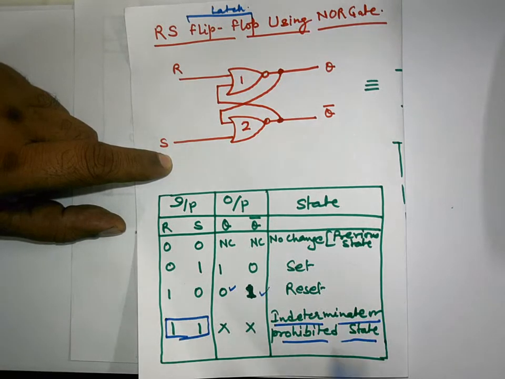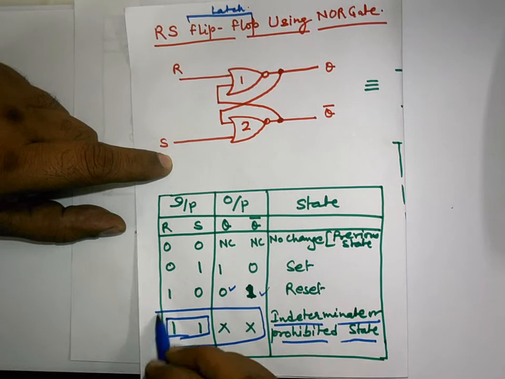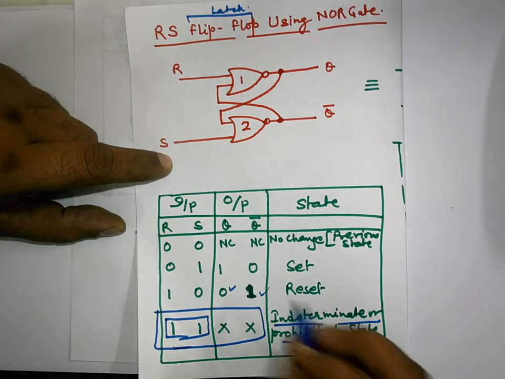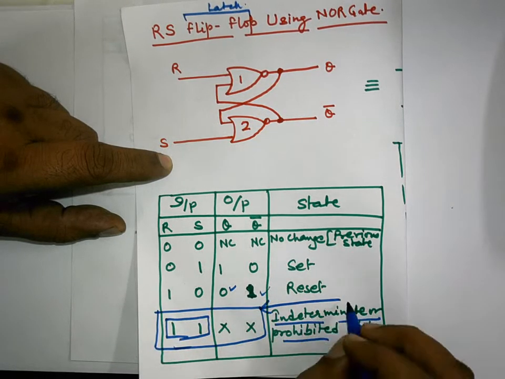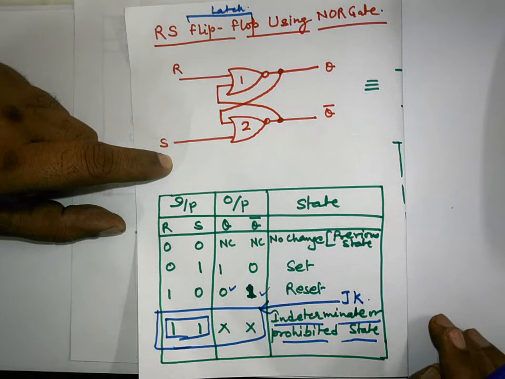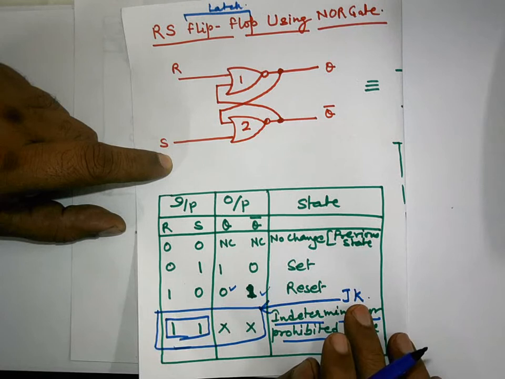This situation will also be used later on. We will see that there is a flip flop in which we make some modification in this basic SR latch, and we utilize this input condition, and that flip flop is known as JK flip flop. We will study it later on.